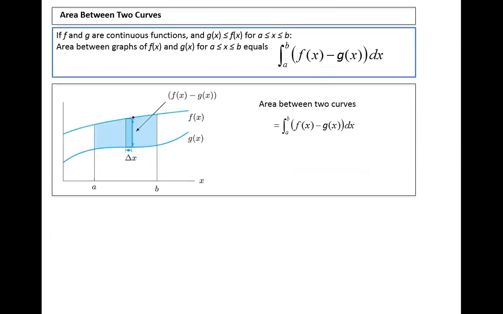We will subtract the higher function, the function with the higher values, minus the lower one. We can see f of x minus g of x. And I can tell you this, it's always positive. Because it's not really just integration. It's like some special formula. The top function minus the lower.